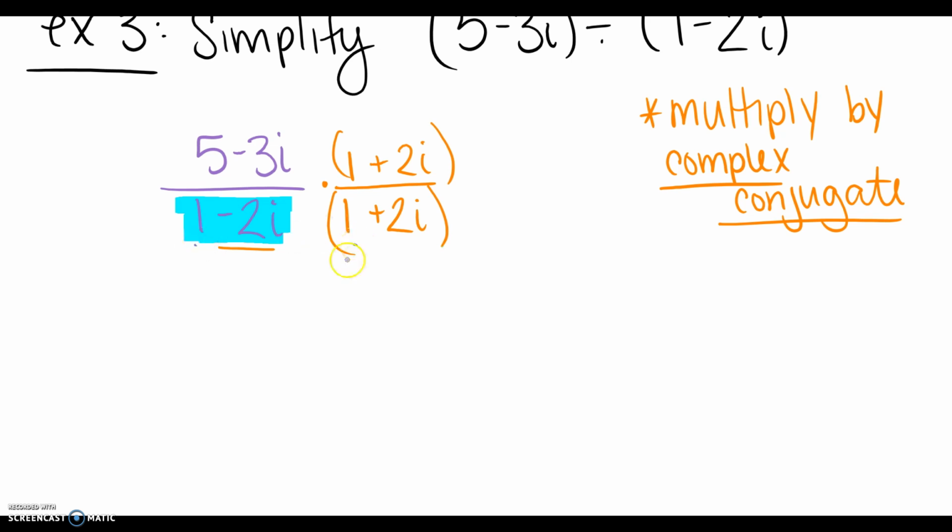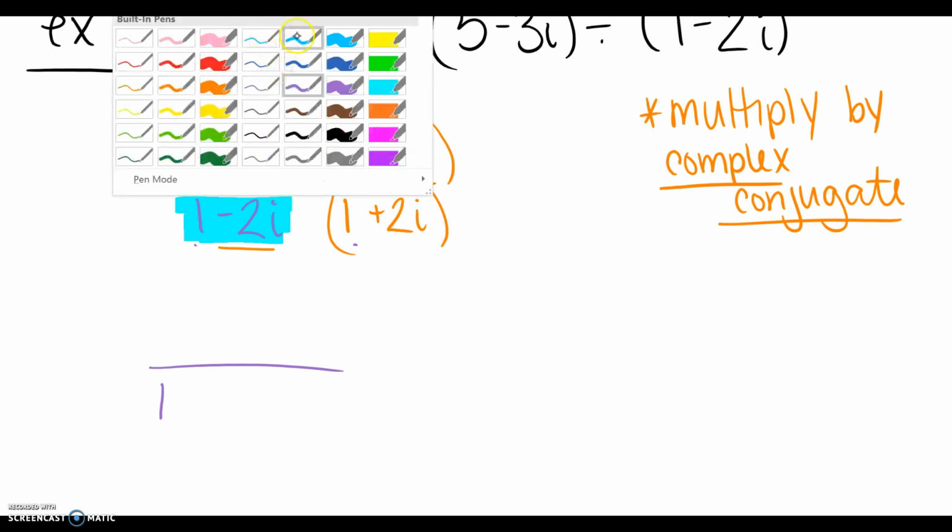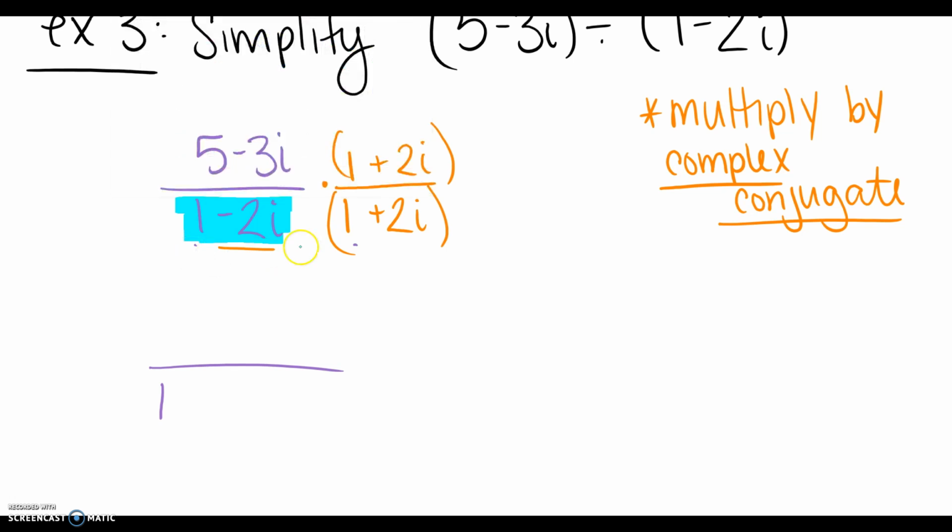So we do 1 times 1, which is 1. 1 times 2i, which is positive 2i. And then negative 2i times 1.